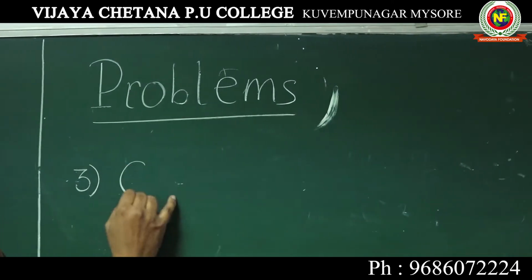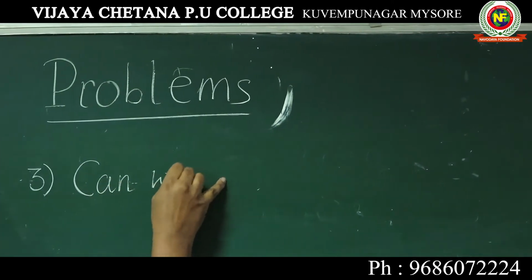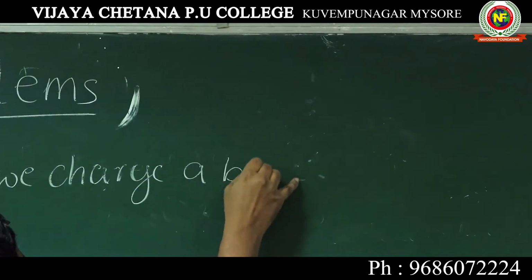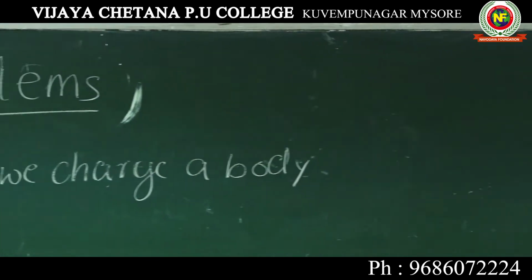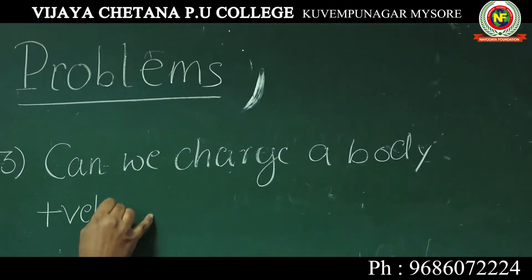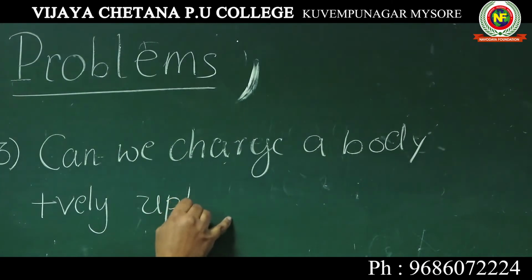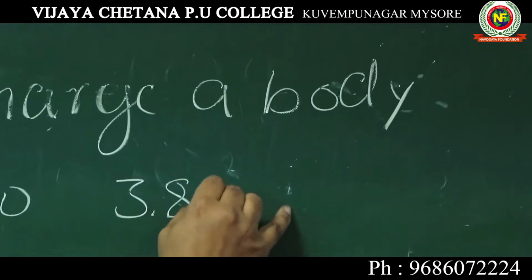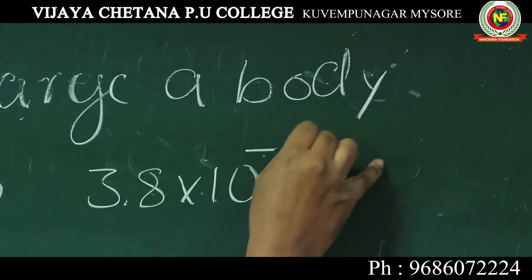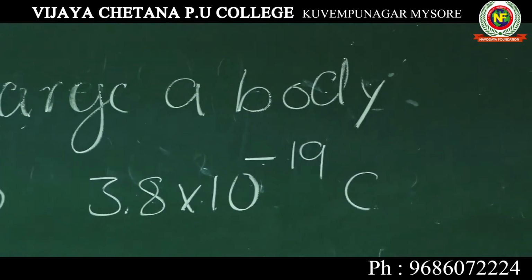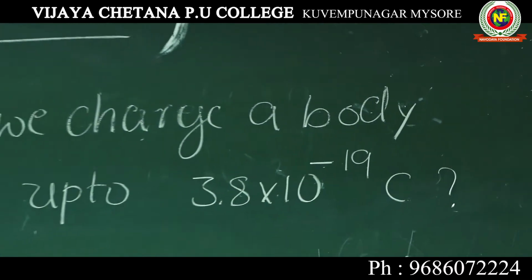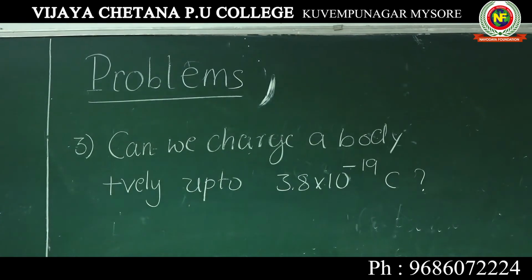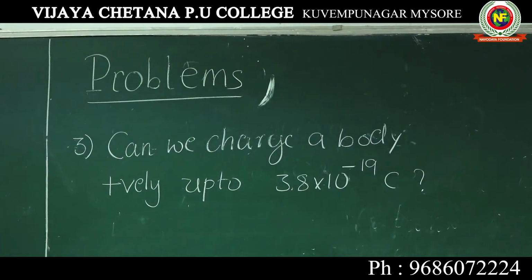Third question. Can we charge a body positively up to 3.8 into 10 power minus 19 coulomb?